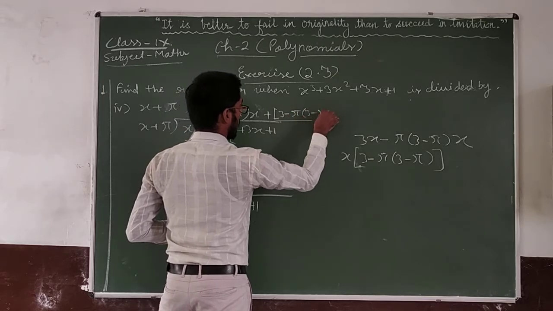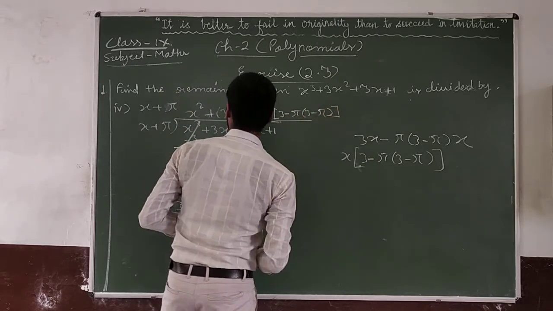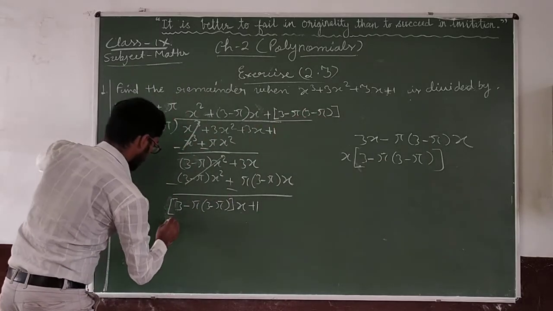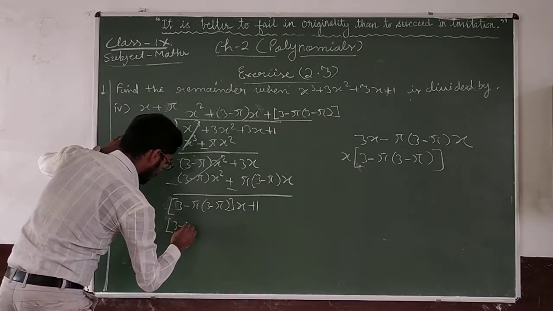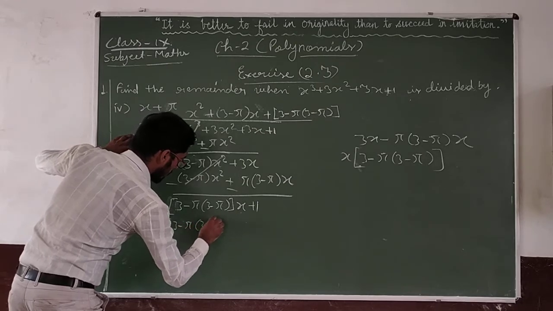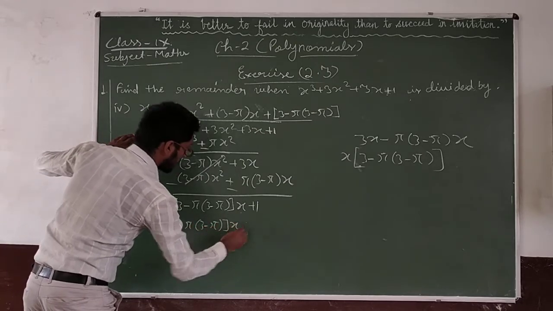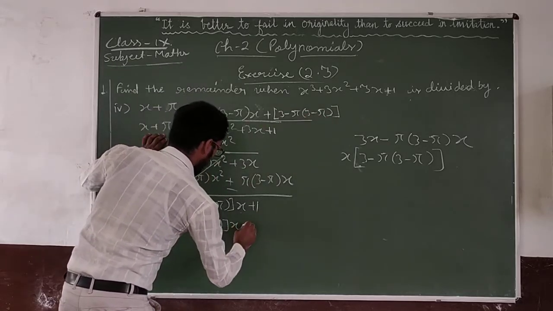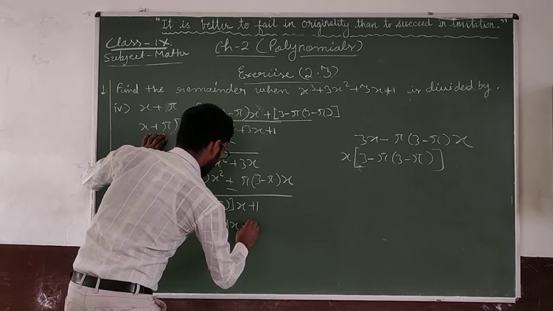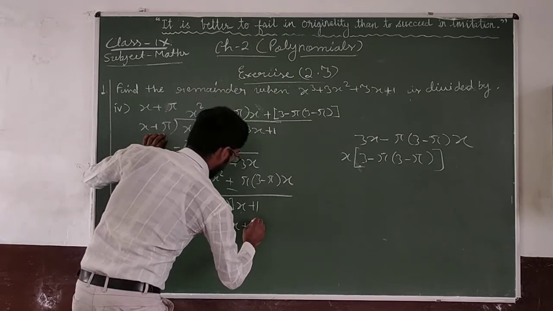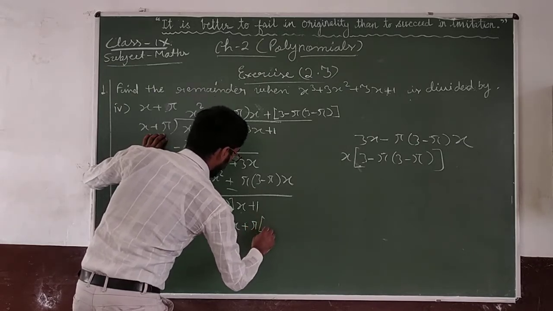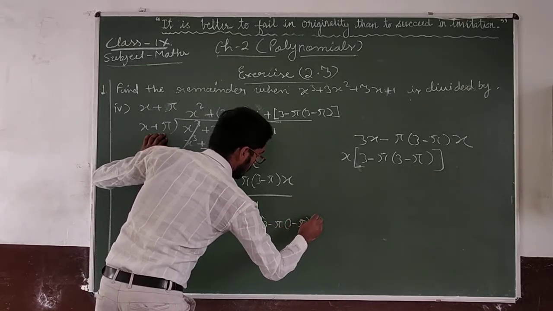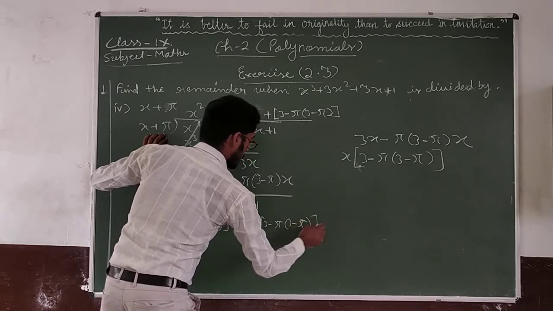Now multiply by the divisor, and you will get (3 minus 5) into x, and multiplied by 5 you will get plus 5 into (3 minus 5).